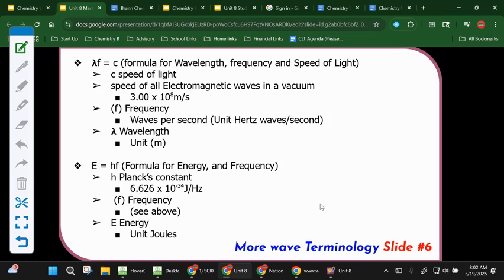Find the word hertz and next to it put the unit for frequency because that is what it is. Again, lambda means wavelength.